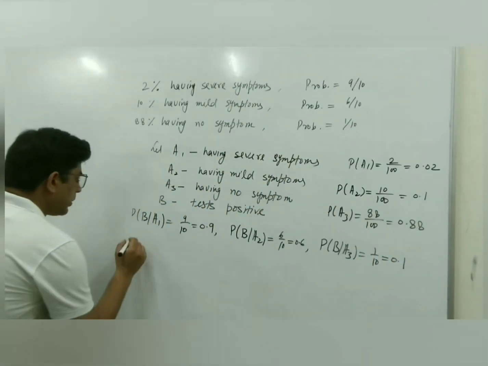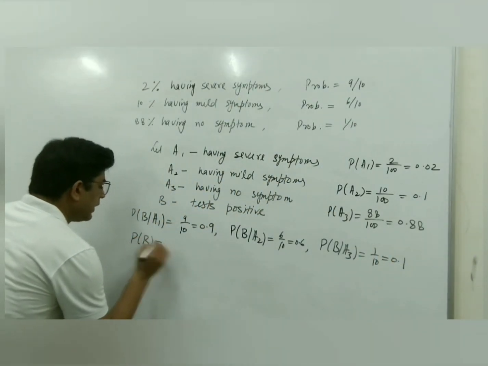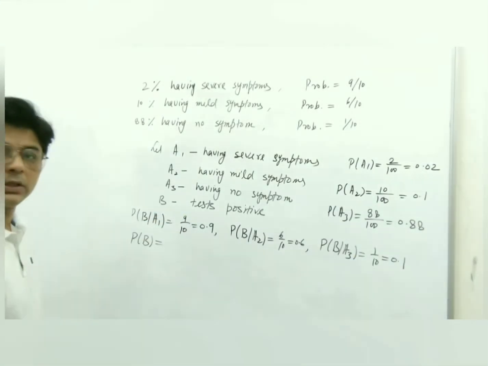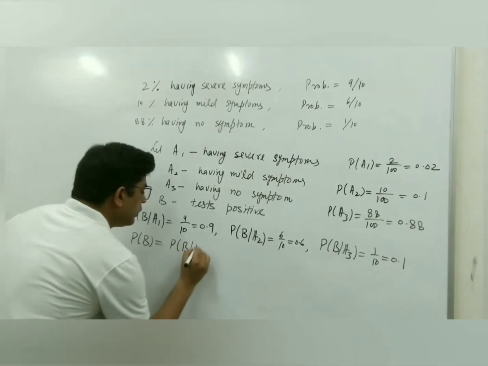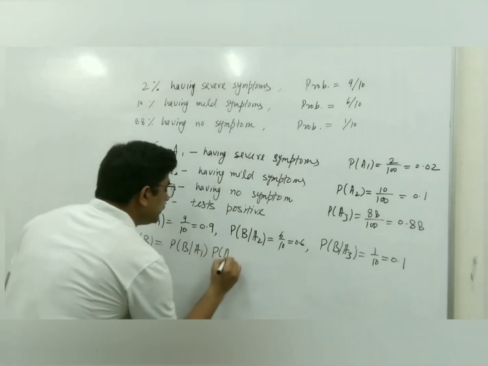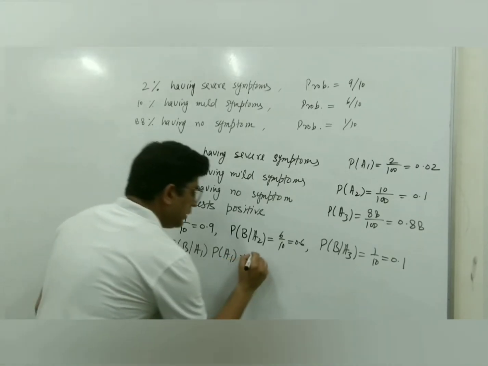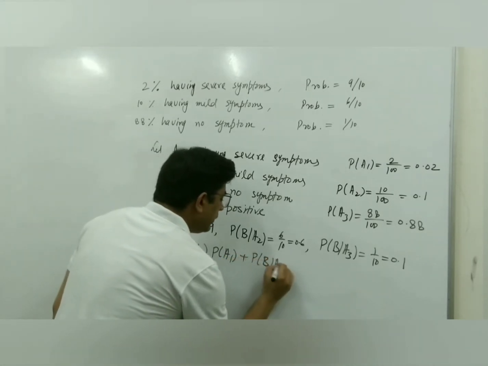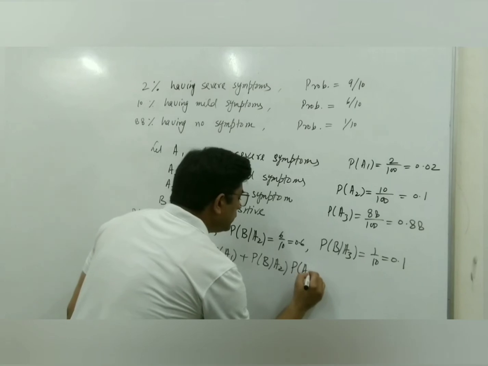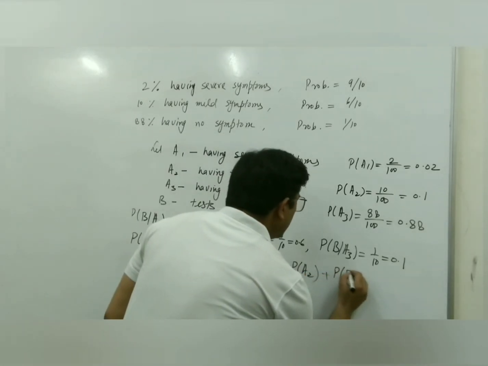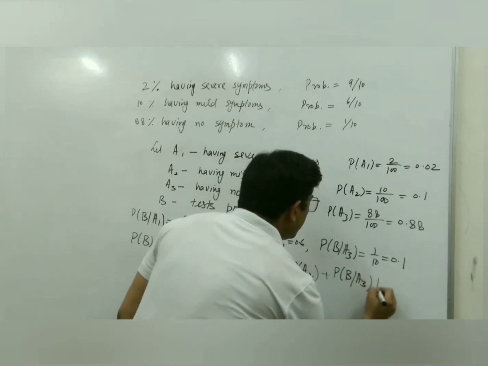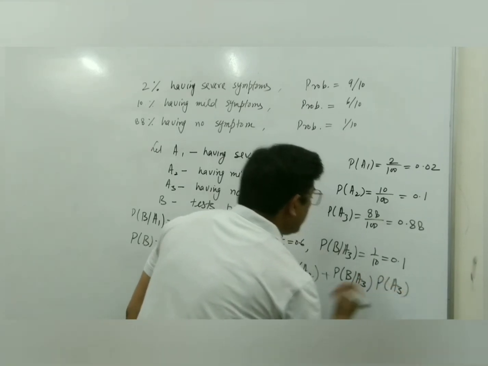Now we find the total probability of B, that is the probability that a person X tests positive. So this will be equal to P(B/A1) into P(A1) plus P(B/A2) into P(A2) plus P(B/A3) into P(A3).